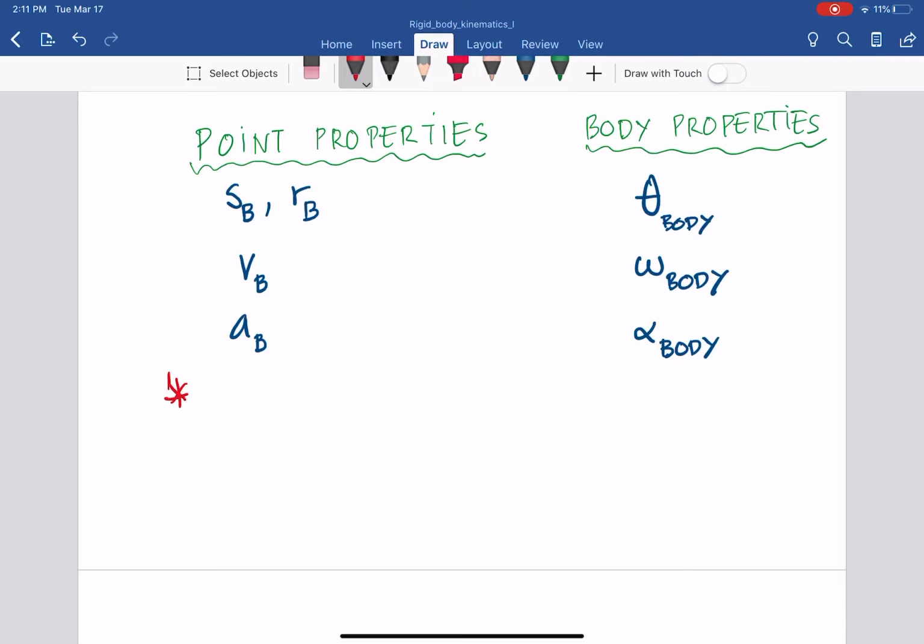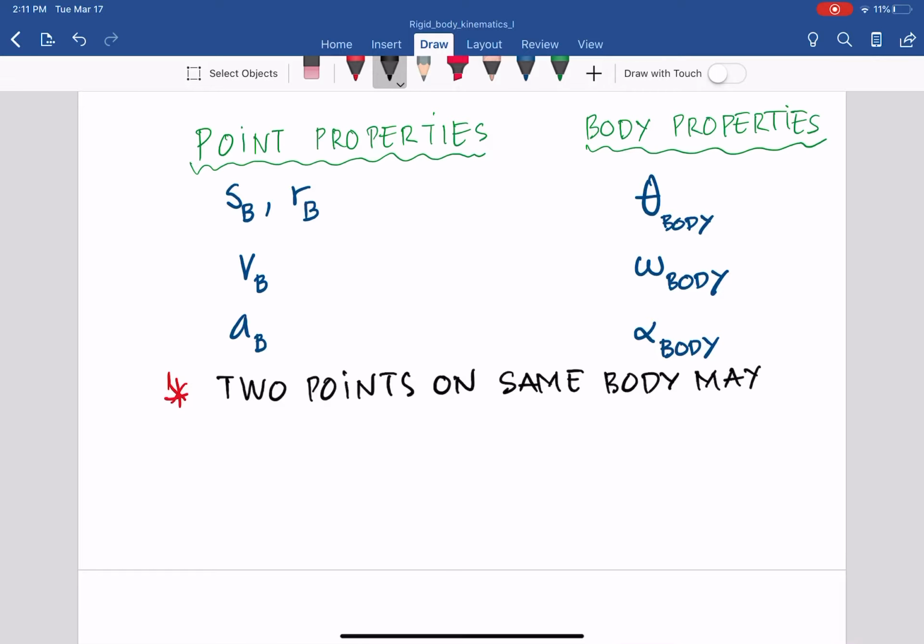And let's make two notes here. Two points on the same body may have different, right? So let's make a note here. Two points on the same body most likely have different position, displacement, different velocity, and different acceleration.